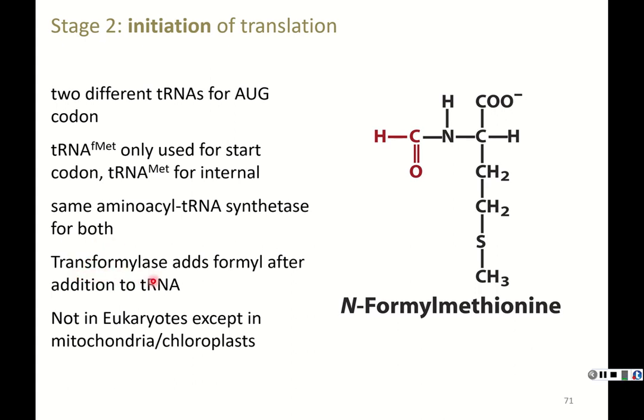So it's a transformylase that adds that formyl group to the tRNA after the addition of methionine. Right? So not in eukaryotes except in mitochondria and chloroplasts. So this special formyl methionine is really, in our cells, in the mitochondria where it's important. And it's termed N-formylmethionine.